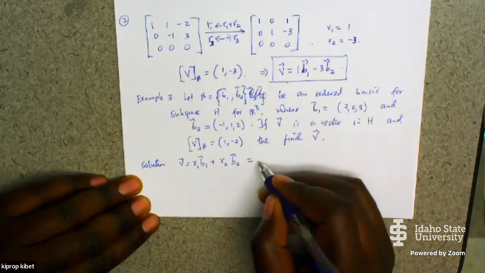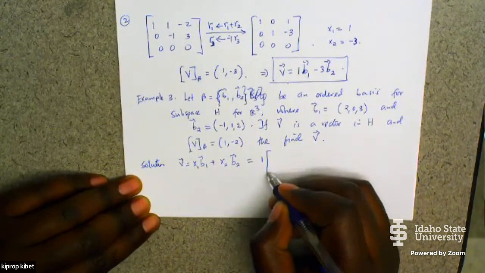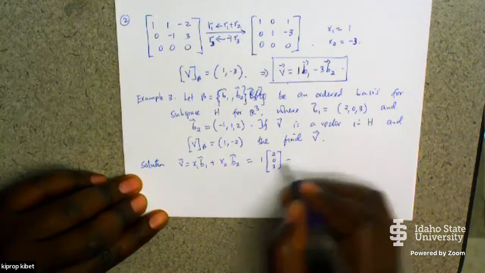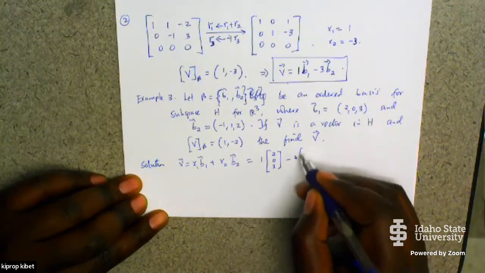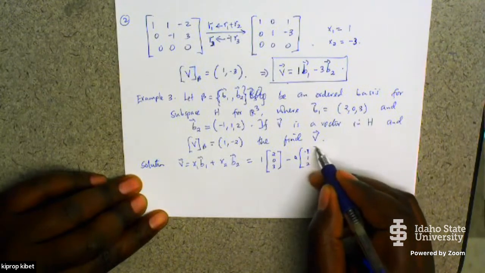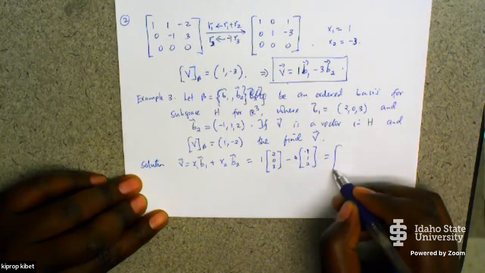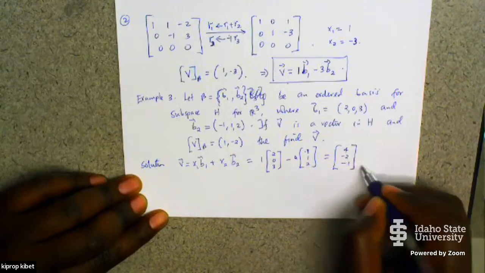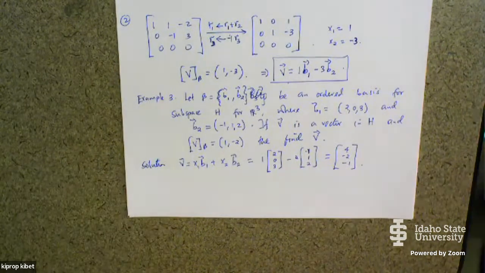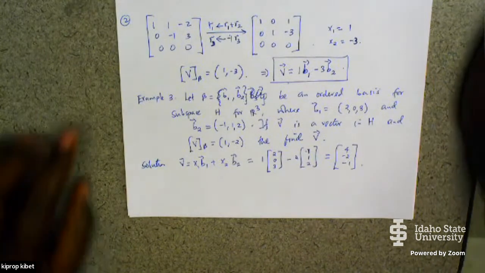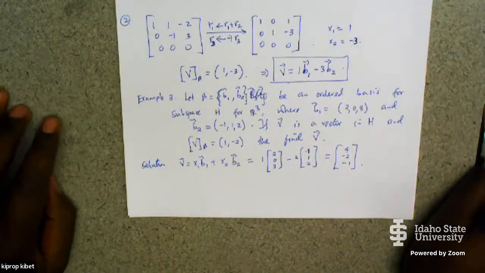Then this is the same as 1 times 2, 0, 3 minus 2 times -1, 1, 2. And what we get there is 4, -2, and -1. That is the solution.